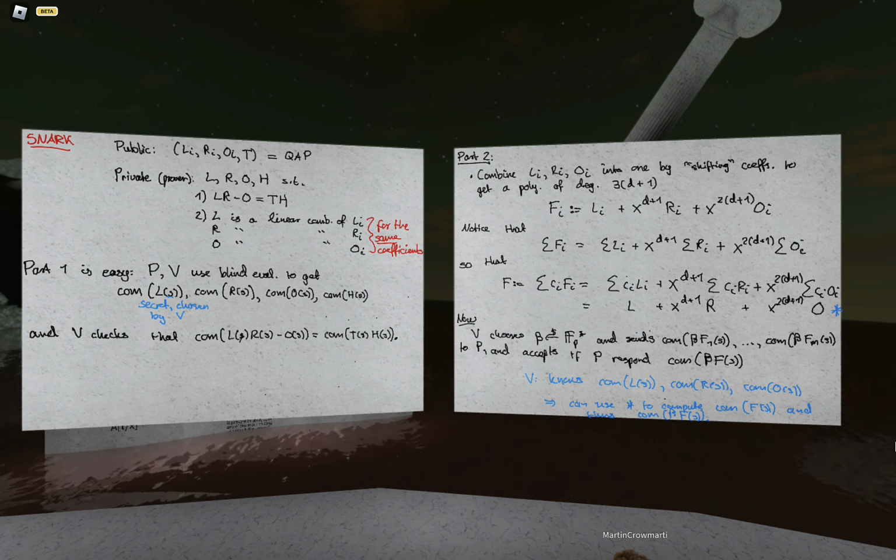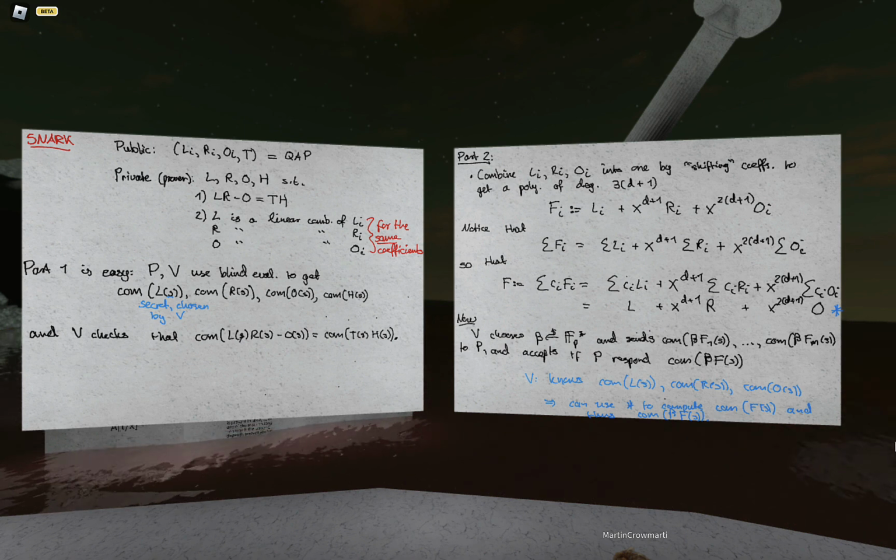So what have we done? What has the prover sent? Let's think about this very carefully. What has the prover sent in this entire proof? In part 1, the prover has sent 4 field elements. In part 2, the prover has sent 1 field element. So we're sending a constant number. A technicality: the codomain of the homomorphic commitment is usually not the field, but think of it this way.